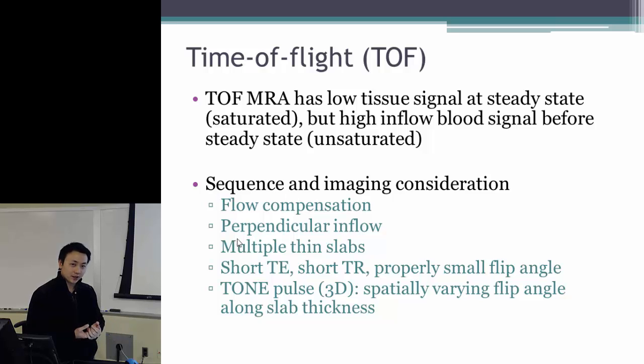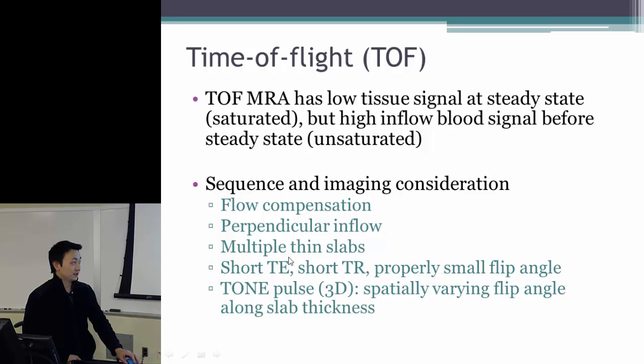So imagine that for another extreme case, if we have these vessels flowing in plane inside that imaging slice or imaging plane, that means those blood will see as many RF pulses as the steady tissues. So that means the blood will be heavily saturated.